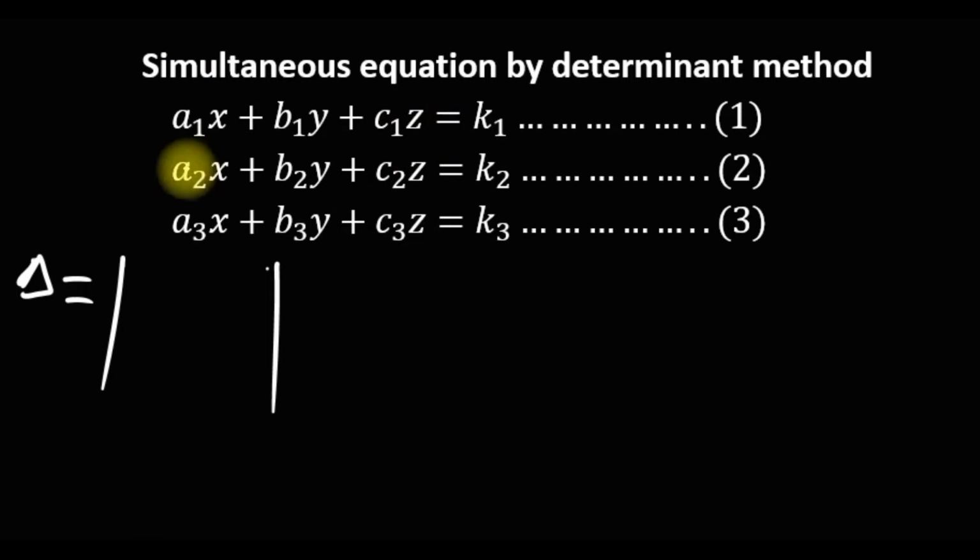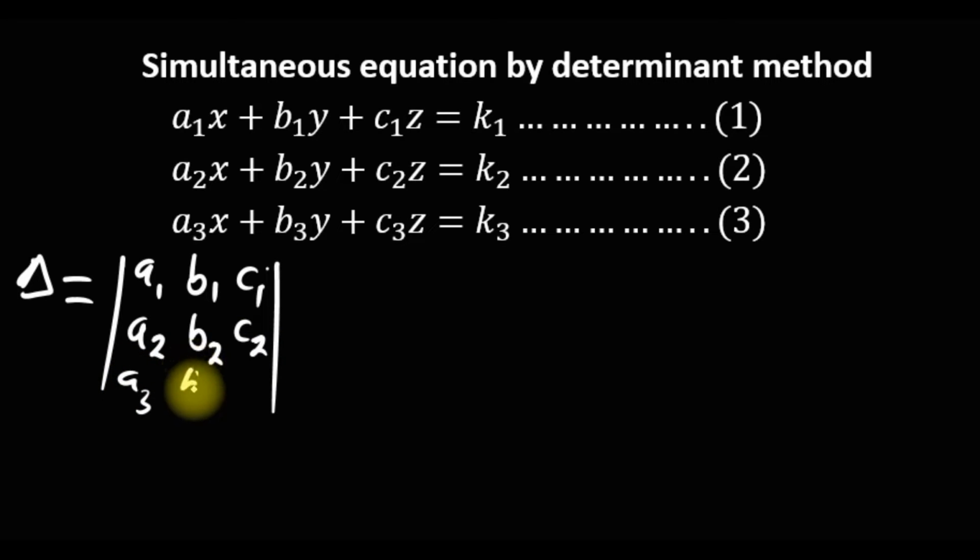Our first row is a1, b1, c1, second row a2, b2, c2, third row a3, b3, c3. So that's our first determinant.